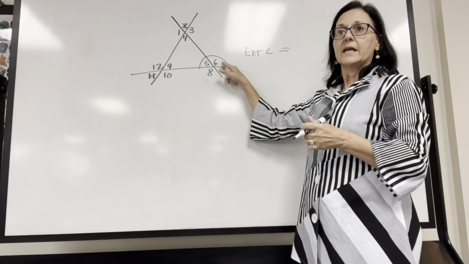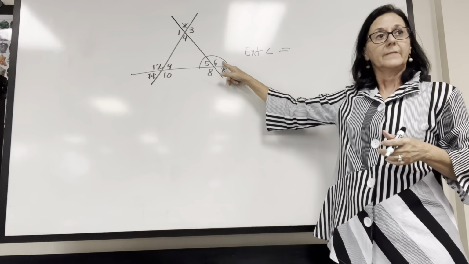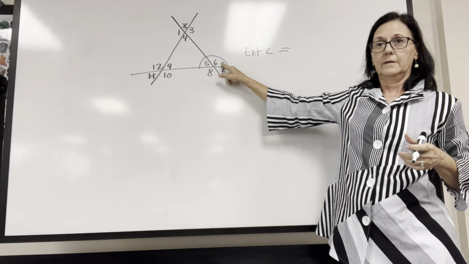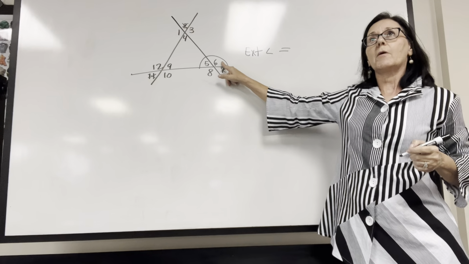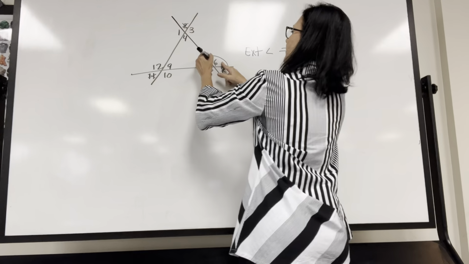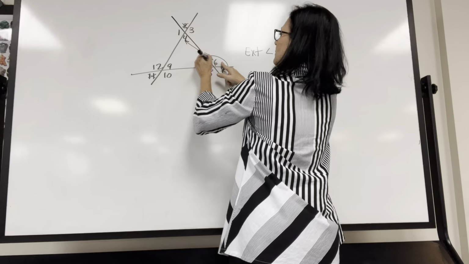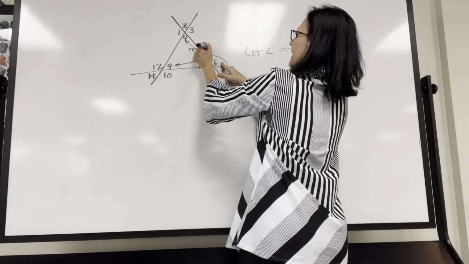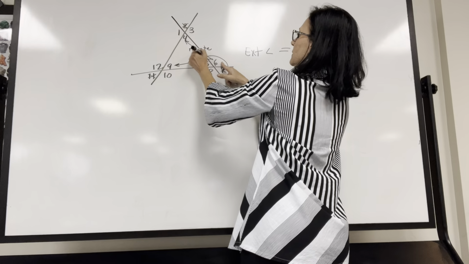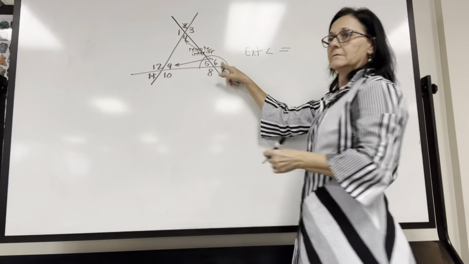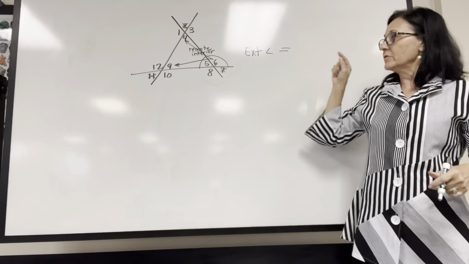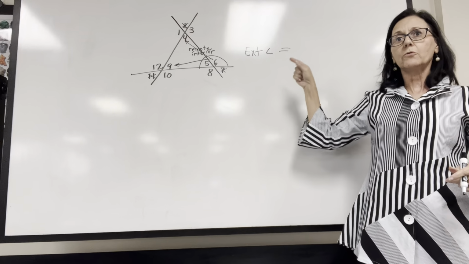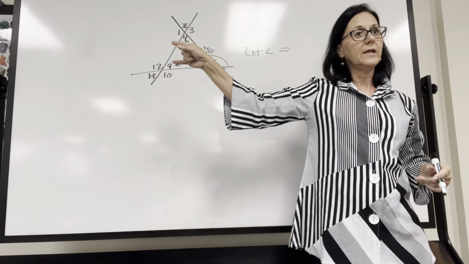So angle 6 is exterior. It's a linear pair with 5. But it's remote to 2 of the other angles. Those are remote interior angles. All right? So the exterior angle, any exterior angle, is equal to the sum of the remote interior angles.